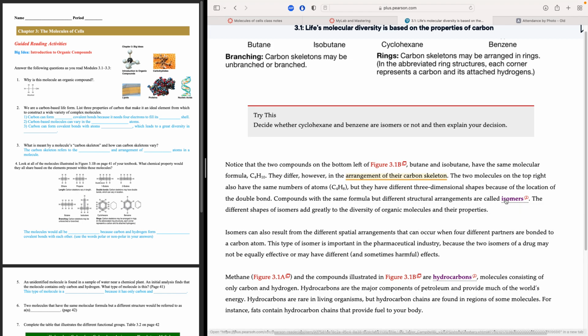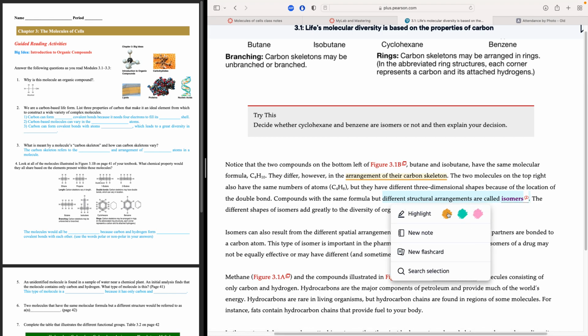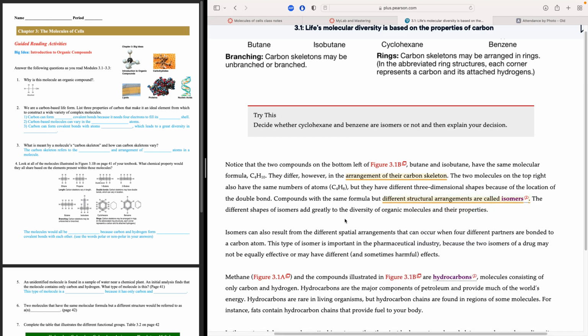So I'm highlighting this word called an isomer. So different structural arrangements are called isomers. So we're on question number 3. The carbon skeleton refers to the length and arrangement of the structure of atoms in a molecule.